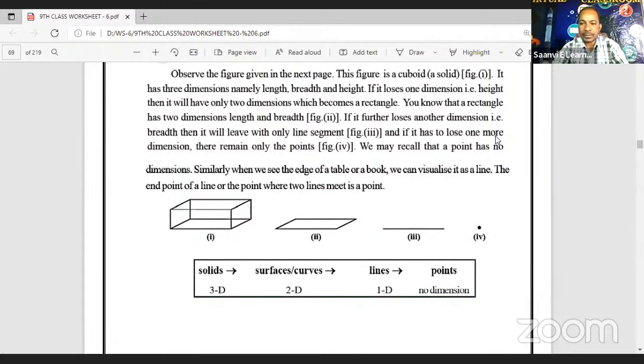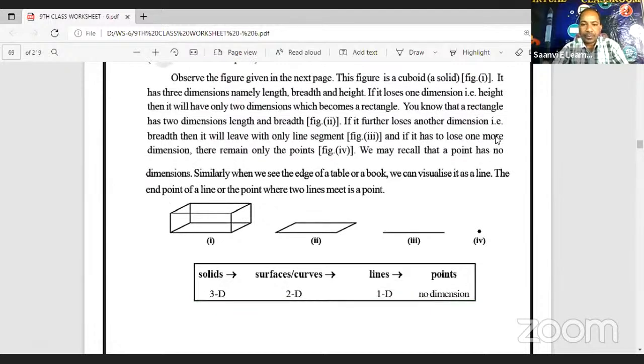The cuboid becomes a rectangle when we remove any one dimension. Again, from this rectangle, if we remove the breadth, this rectangle becomes a line segment.